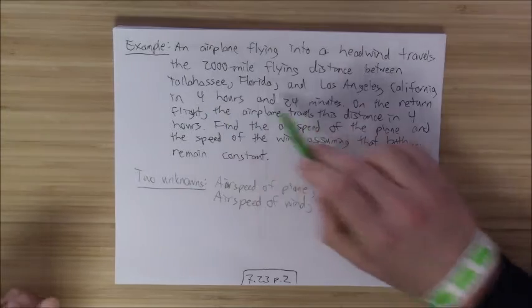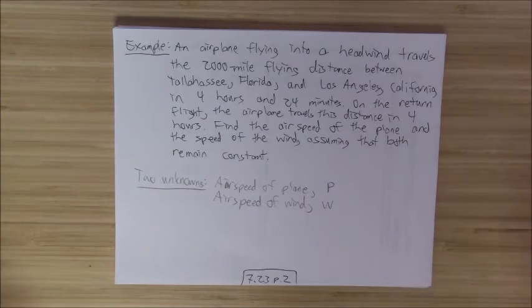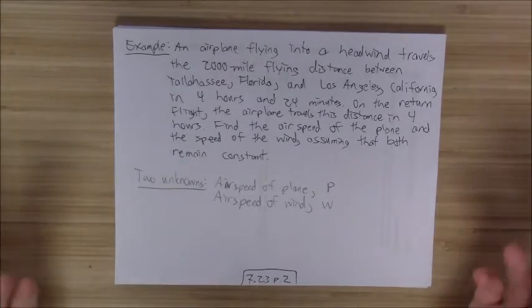We know that one way, when you put the wind speed and the plane speed together, it takes you more time than when you go back the other direction. And again, we're assuming P and W, these speeds, are constant.